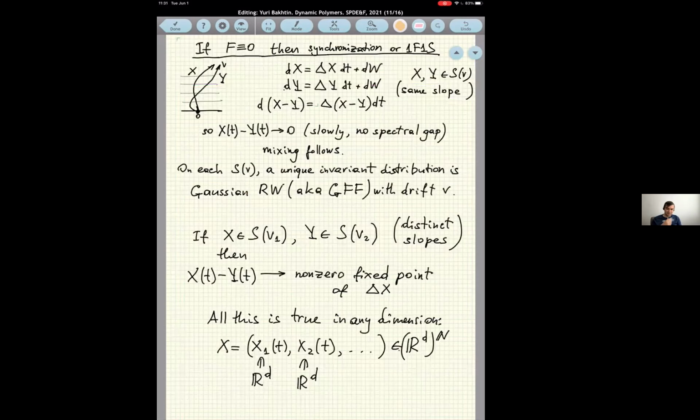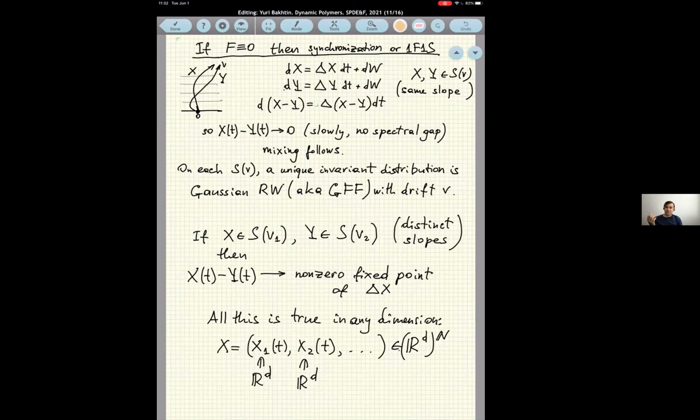Let me try to talk about why this can possibly be true. If there's no external potential at all, then synchronization, or the one-force-one-solution principle, is very easy to establish. My goal is to say that all solutions do the same thing. So I take two solutions, with no external potential now, just the noise. Then it's the discrete heat equation with fixed endpoint.